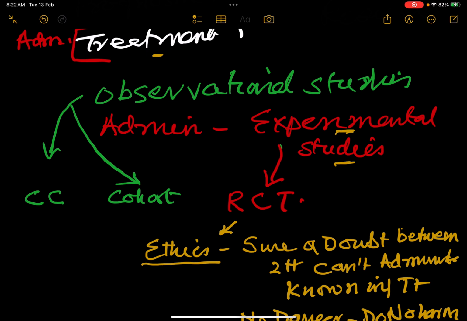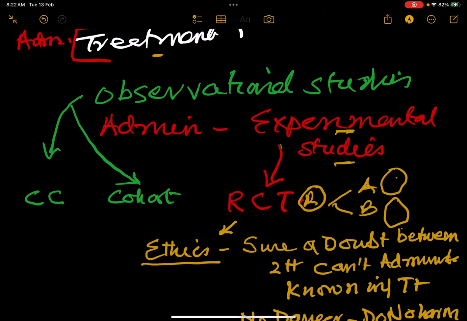Now, basically, the allocation to treatment A and B is random, because random allocation ensures that group A and group B will be equal on all other explanations of response other than the difference in treatment type.